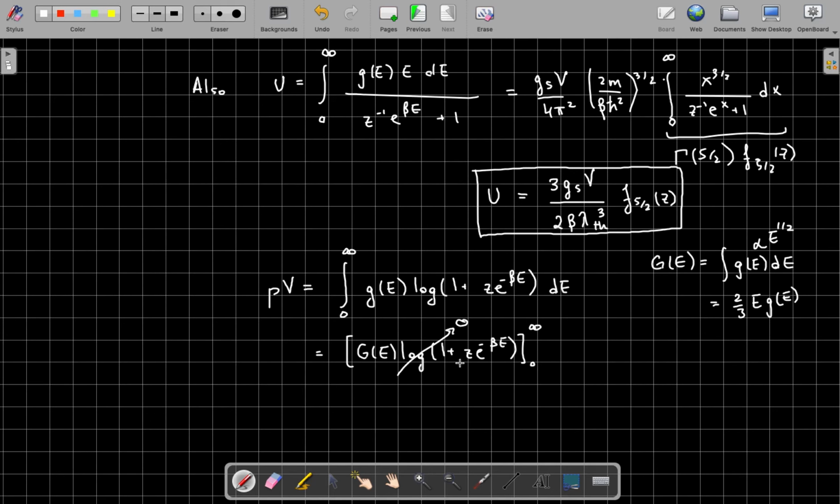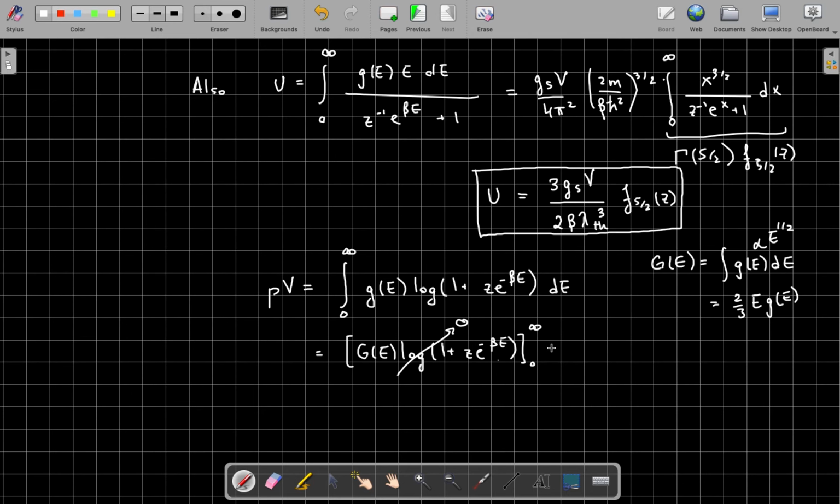In the density of states, it makes sense, right? That the density of states should vanish here in the limit of 0 energy. And when energy goes to infinity, well, this gives me a 0, and the log of 1 is just 0.